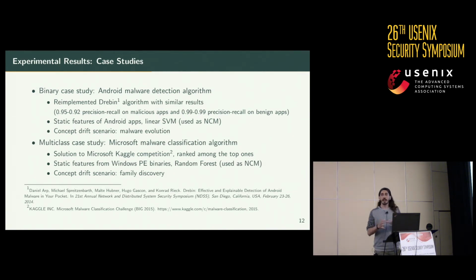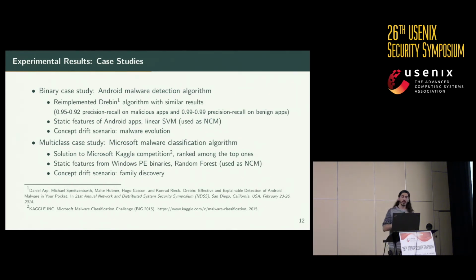As a decision-making function, it uses linear SVM, and we will use linear SVM as our non-conformity measure as well. In this case, we will investigate the concept drift as malware evolution.